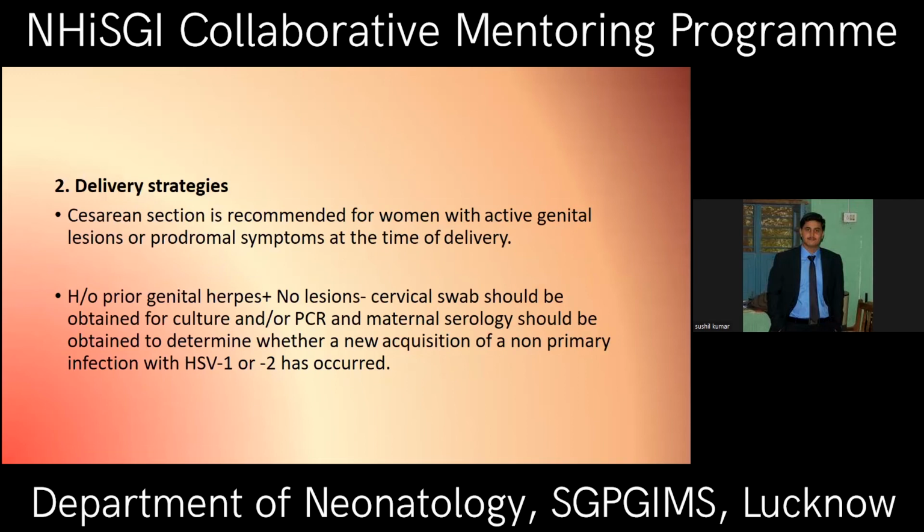Delivery strategies include performing cesarean section as early as possible, within less than 4 hours of premature rupture of membrane, but ACOG recommends that even beyond 4 hours, if the mother is having genital lesions, cesarean section can be performed electively.